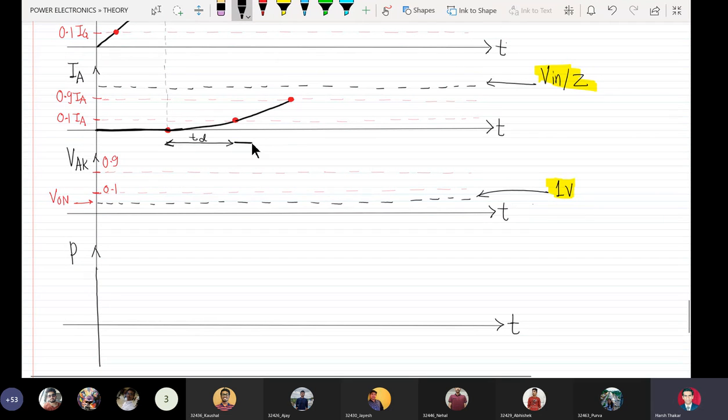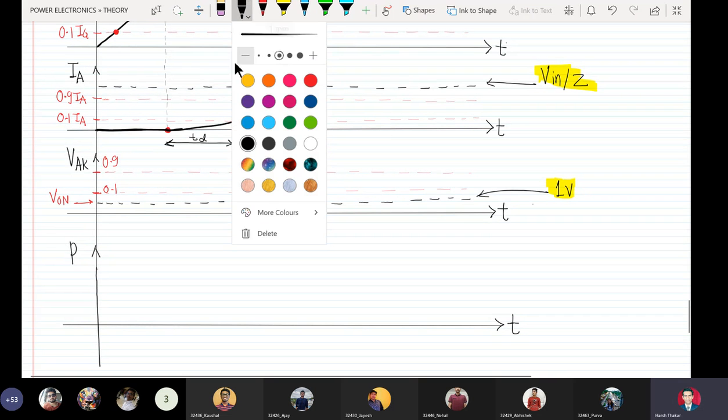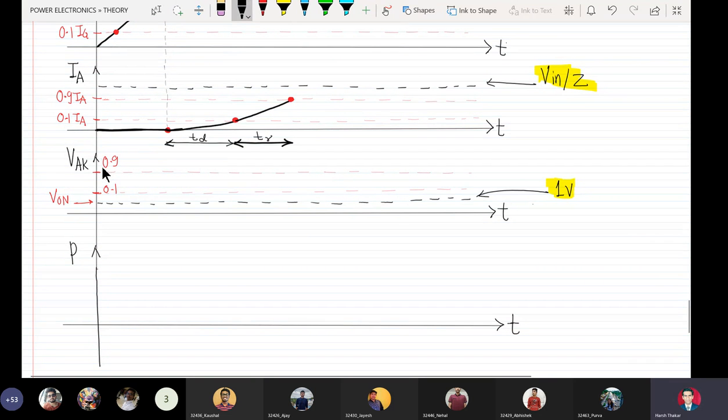So this will be rise time, TR. Now rise time is also the time taken by the anode to cathode potential to drop from 90% to 10% of its value. So students understand that the instant at which anode current reaches 10%, that is the instant at which VAK reaches 90%, right? So at this point.